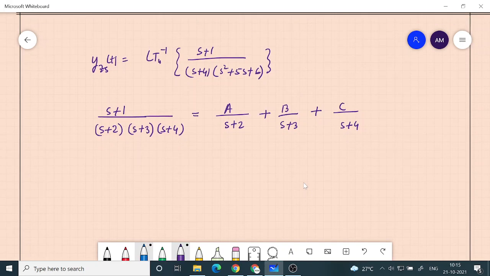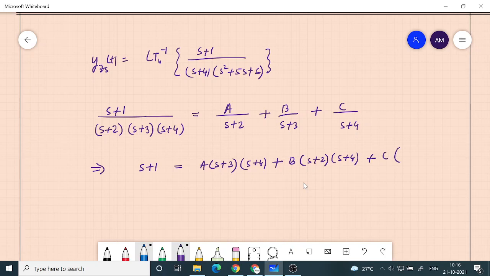Now if I multiply with the denominator of the left hand side, then I am going to get s plus 1 is equal to A into s plus 3 into s plus 4 plus B into s plus 2 into s plus 4 plus C into s plus 2 into s plus 3.